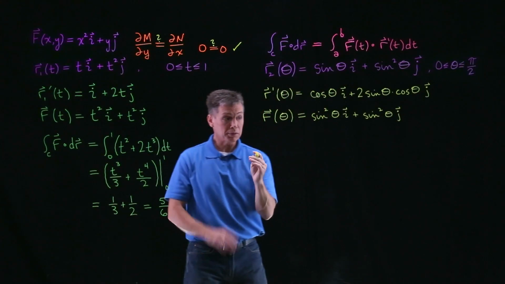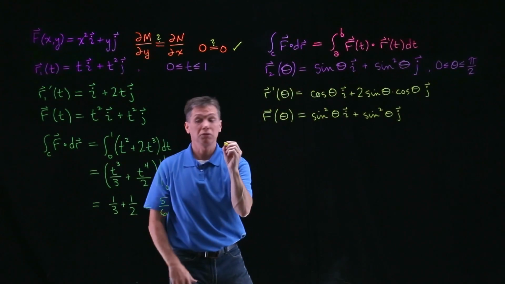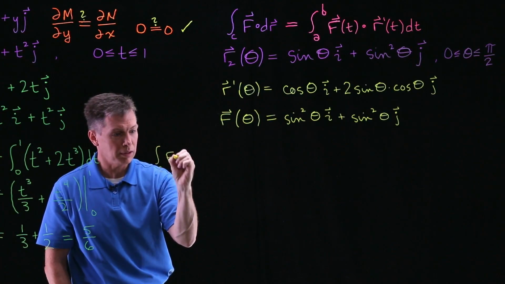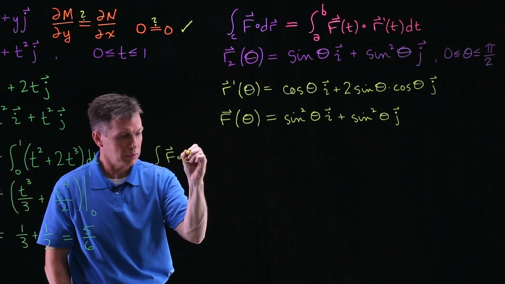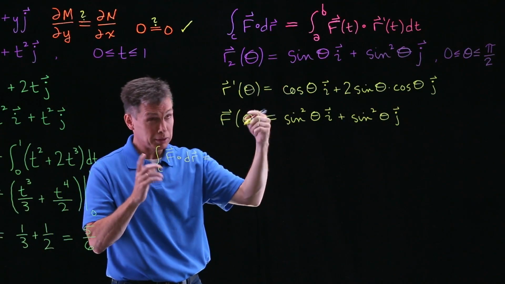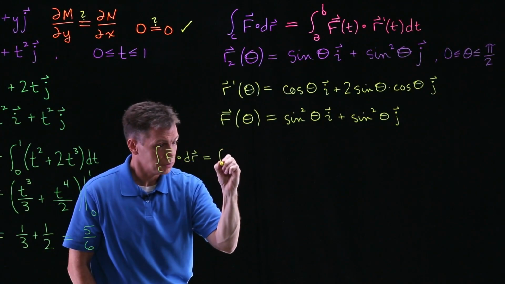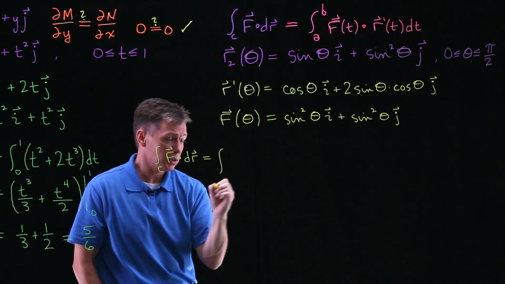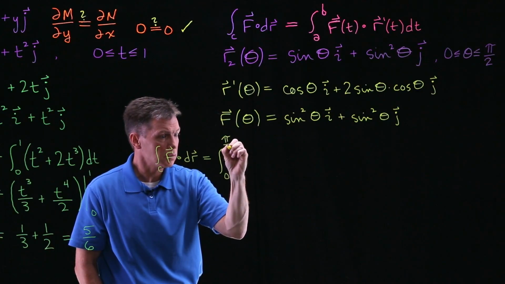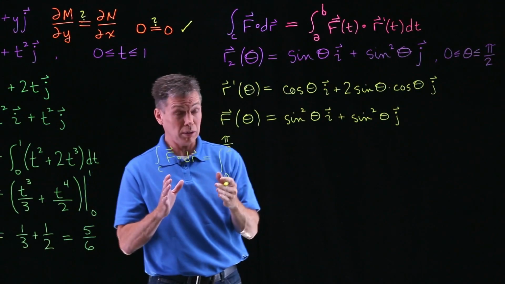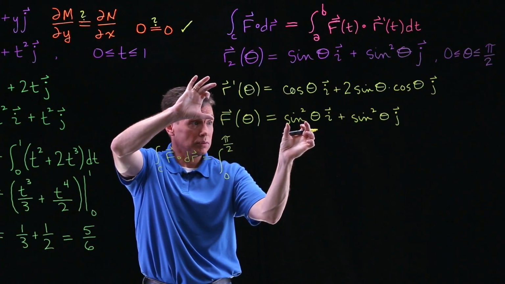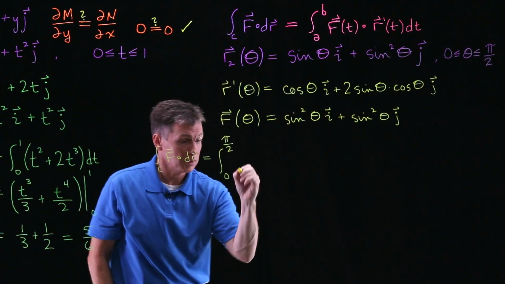And then we get into our integral. I think I might need some space, so I'll just slip over here. The integral of f dotted with dr equals, and I'm still using that formula in pink, but theta for t. So the integral, theta goes from 0 to pi over 2. All right, let's do the dot product of these two, sine squared times cosine.